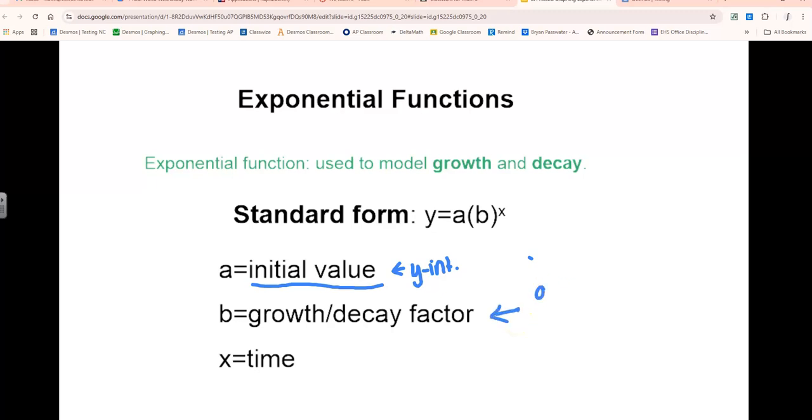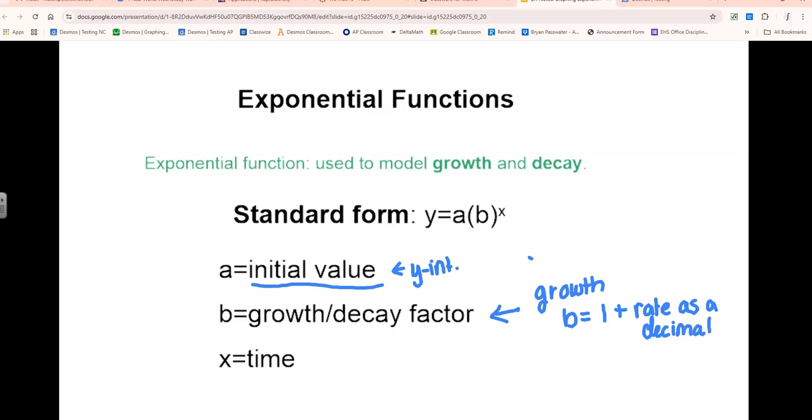So, this growth or decay factor, if you have growth, you are going to do B equals 1 plus your rate as a decimal.